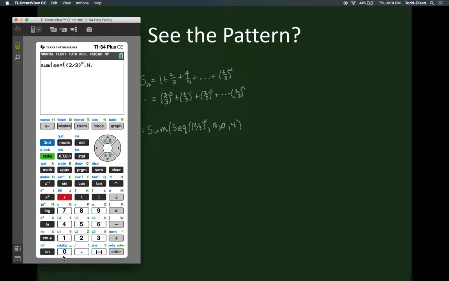And we're going to go from 0 to 4, close parentheses, close parentheses. And I want the number back as a fraction. So I'm going to go math, frac, press enter. There it is. And we had that earlier, 211 over 81.